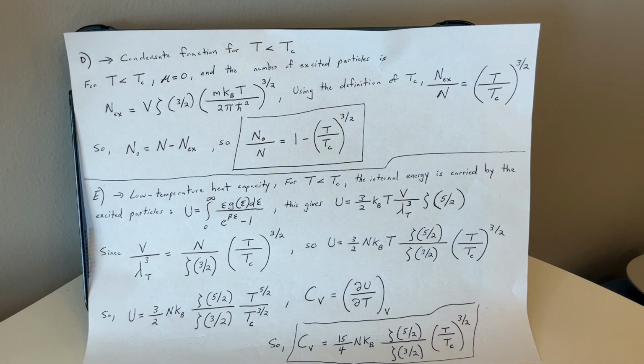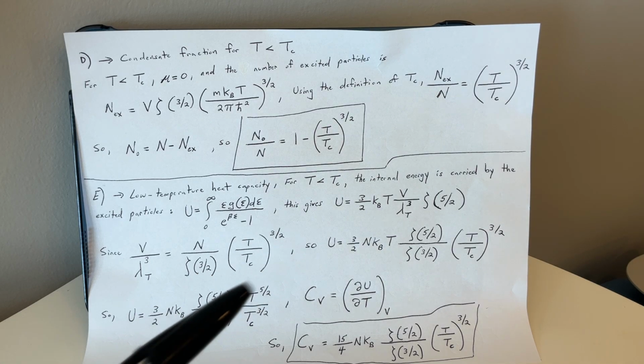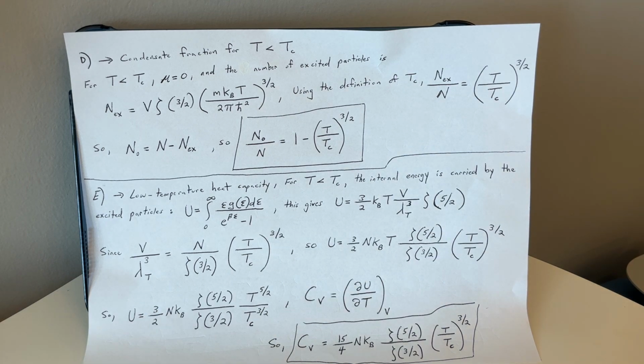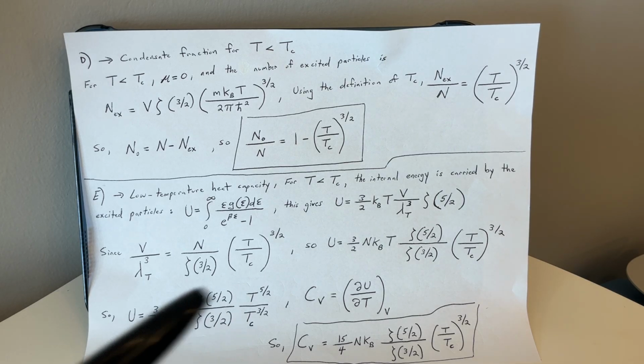And since V over lambda_T cubed equals N over zeta 3/2 times T over T_C to the 3/2, then we could say U equals 3/2 N k_B T zeta 5/2 over zeta 3/2 times that T over T_C to the 3/2. Okay, so now from there, U equals 3/2 N k_B zeta 5/2 over zeta 3/2 times T to the 5/2 over T_C to the 3/2.